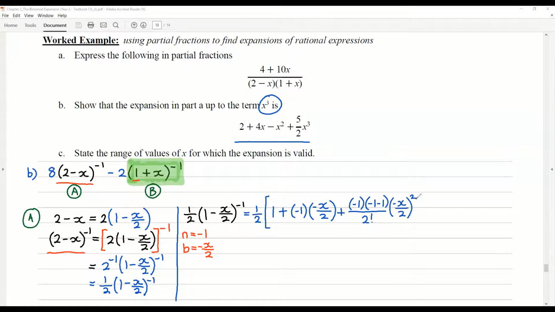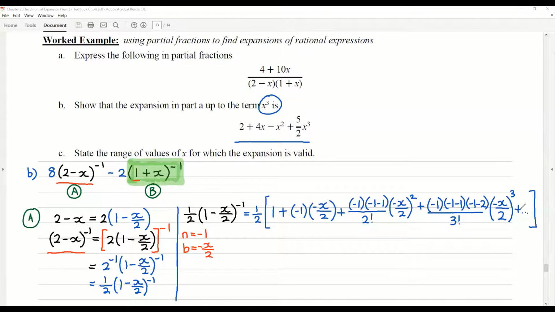Okay, plus n multiplied by n subtract 1 multiplied by n subtract 2 over 3 factorial multiplied by b cubed. Oops, just made a mistake there. Should be 2. Okay, just make sure you check what you're doing. Plus dot dot dots, close your square brackets.